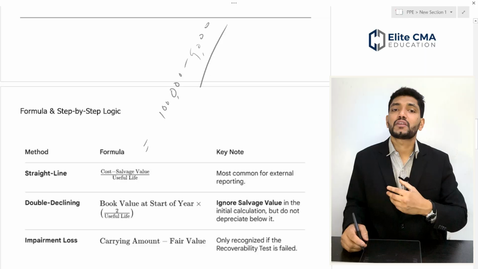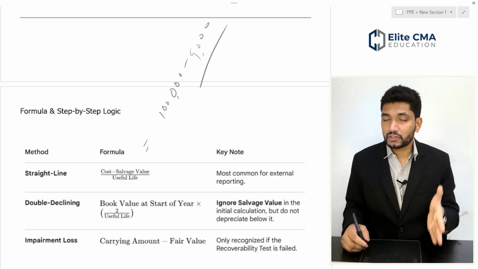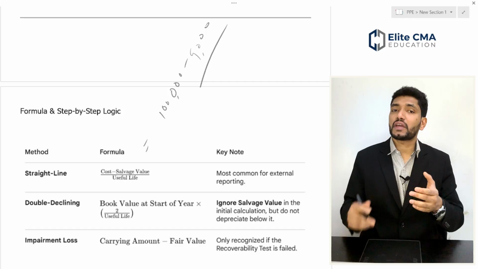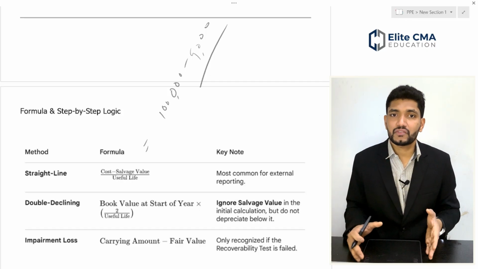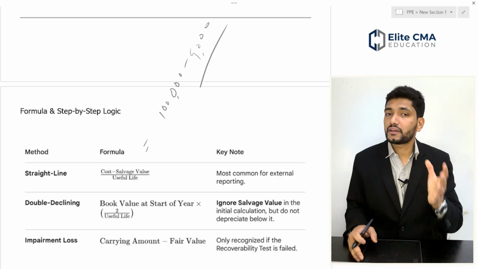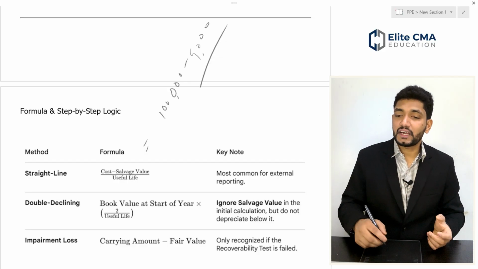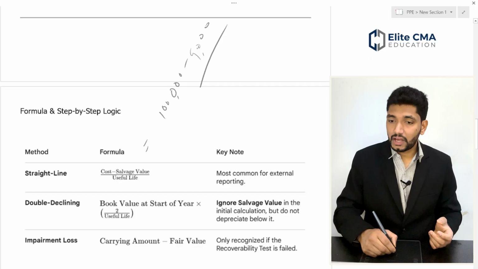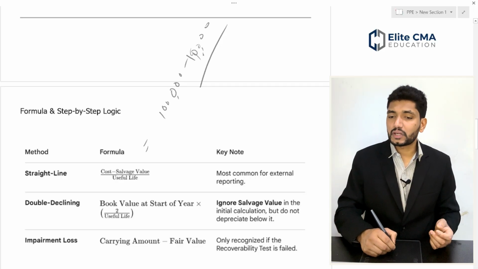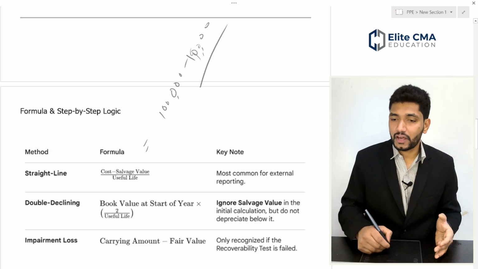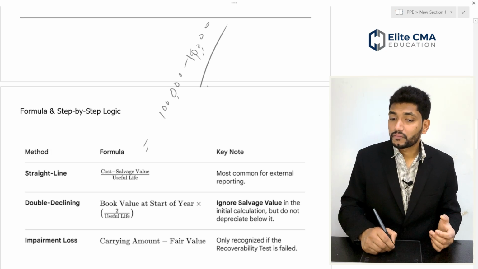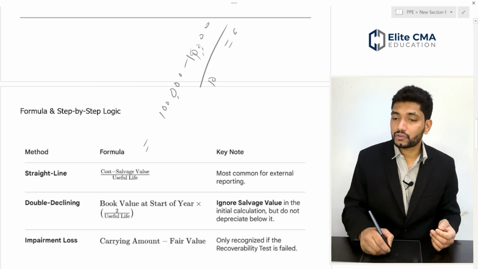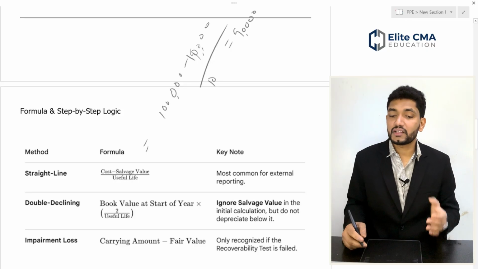Suppose you bought a machine for 100,000, you can use that machine for the next 10 years, and after 10 years you can sell it for 10,000. That 10,000 is your salvage value. For the depreciation calculation, you reduce the salvage value and divide by the useful life. In this case, 9,000 will be your depreciation by straight line.